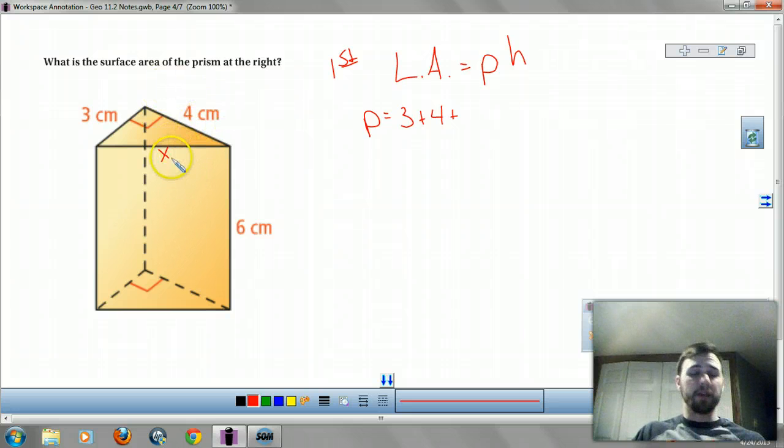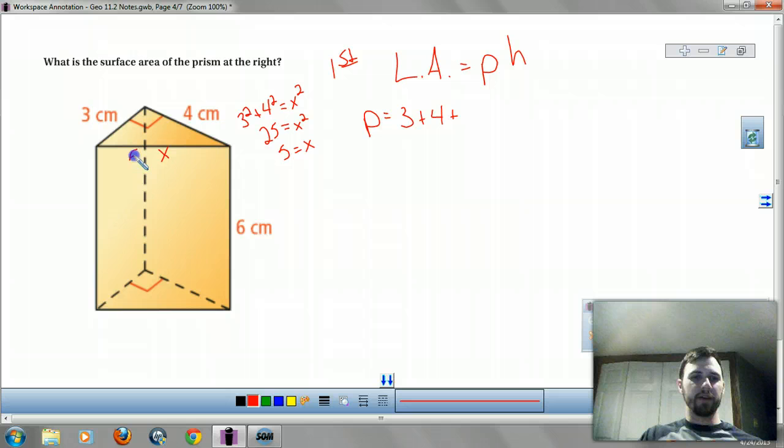We have a right triangle, and we're looking for our hypotenuse. So 3 squared plus 4 squared equals x squared, which is 25 equals x squared. So 5 equals x. This side is 5. So my perimeter is 3 plus 4 plus 5, which is 12.